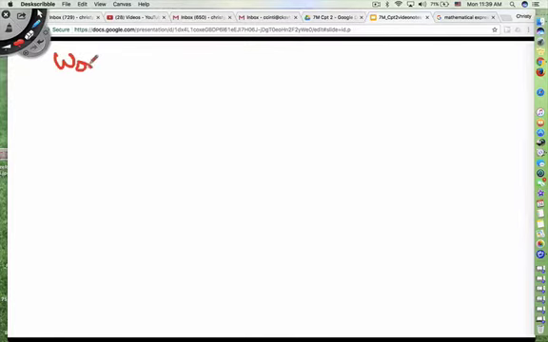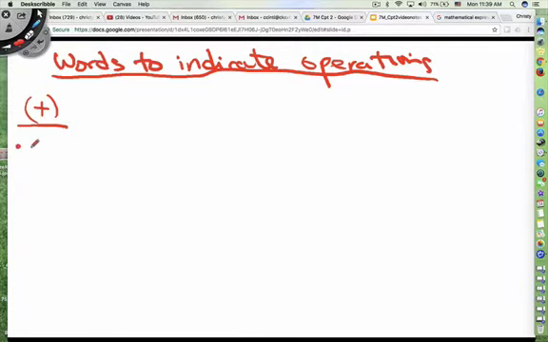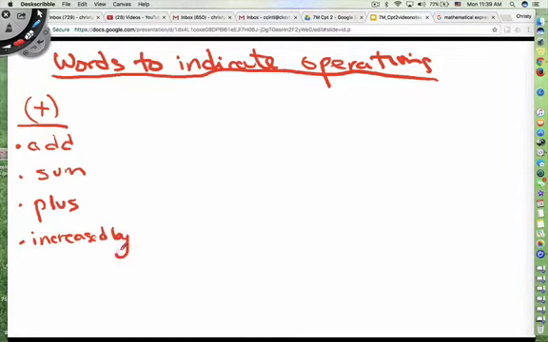So words to indicate operations. And I know we've done this before, but let's go ahead and get this in our notes. So if we're talking addition, sometimes we hear the word add, we hear the word sum, we hear plus, we hear increased by sometimes, you know, you can add to that list as you go along.